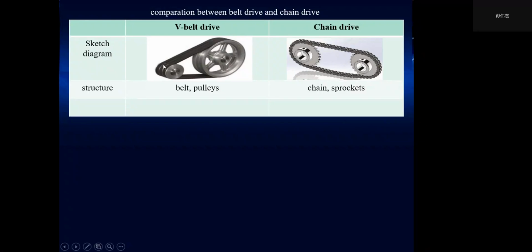There are two typical layouts of belt drive: the open belt drive and the closed belt drive. For open belt drive, the driven pulley rotates in the same direction as the driving pulley. For closed belt drive, the driven pulley rotates in the opposite direction to the driving pulley. But for chain drive, the driven sprocket rotates in the same direction as the driving sprocket.